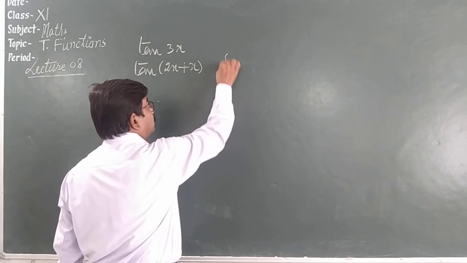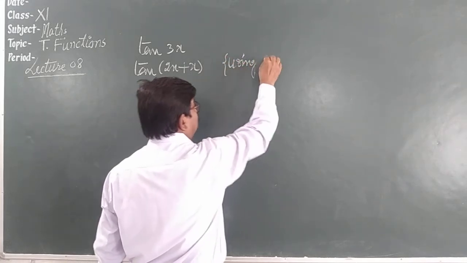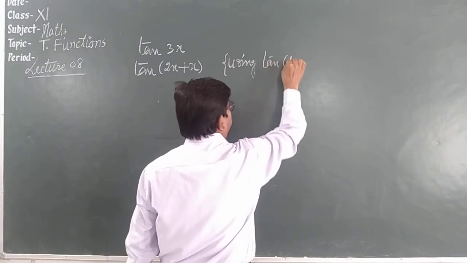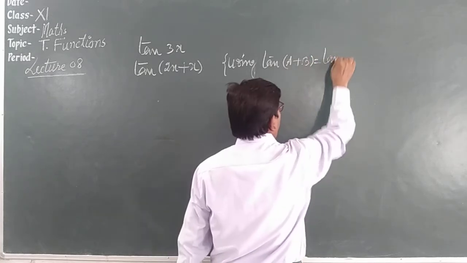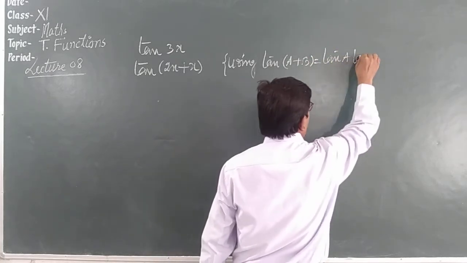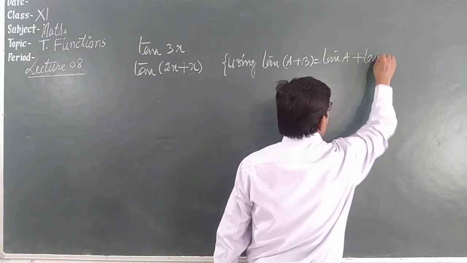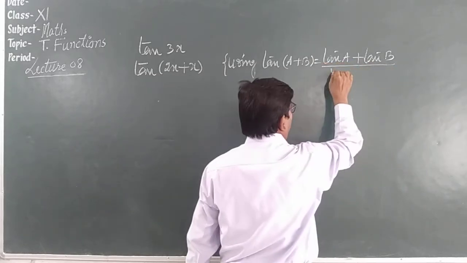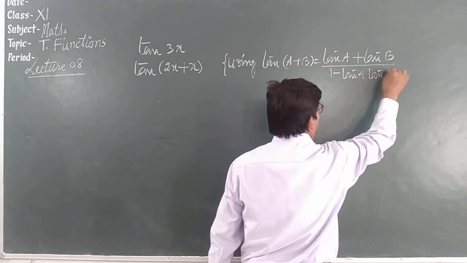Now, using tan(a plus b) is equal to tan a plus tan b upon 1 minus tan a tan b.